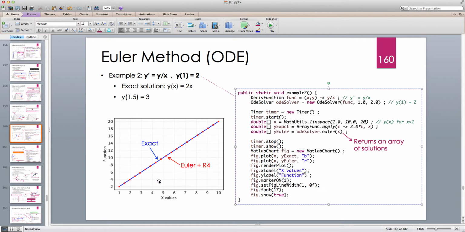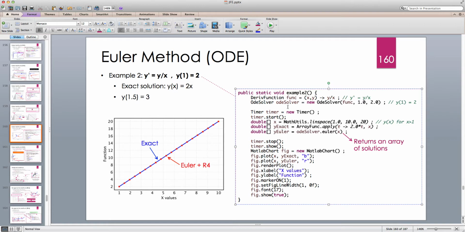So I create an array, x equals linear space from 1 to 10, 20 points, and I calculate the exact value because I already know the exact solution. Array func apply t goes to 2t and apply to the array x. So I'm calculating 2x for all the values of this x array.